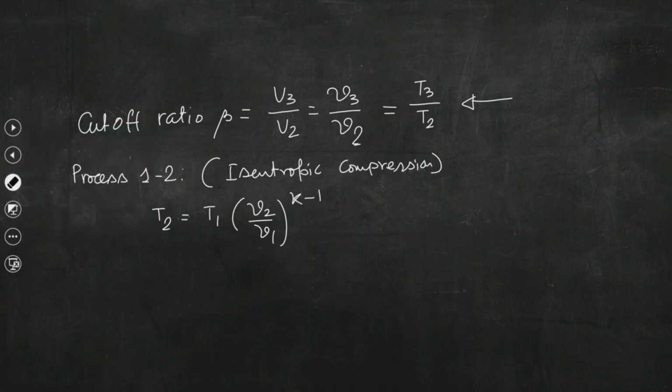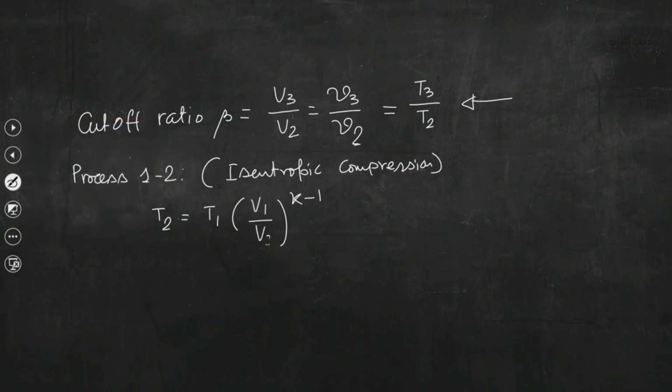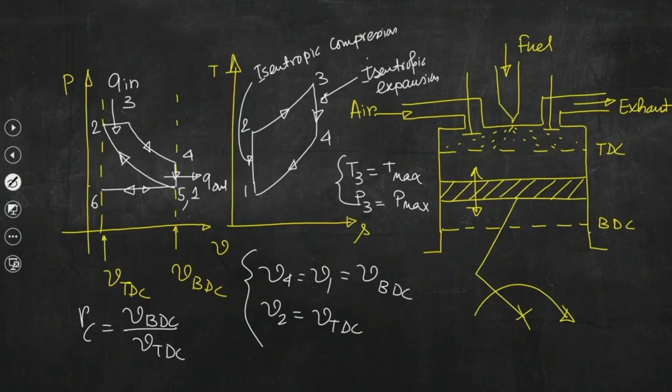So, I made a little mistake here. So, this would be V1 by V2. So, let me write here like this, T2 equal to T1 into small V1 by V2 power k minus 1. If we go back to the previous slide, as I told you, V1 equal to VBDC and V2 equal to VTDC. So, V1 by V2 is essentially VBDC by VTDC, that is RC, that is the compression ratio. So, this is the compression ratio.